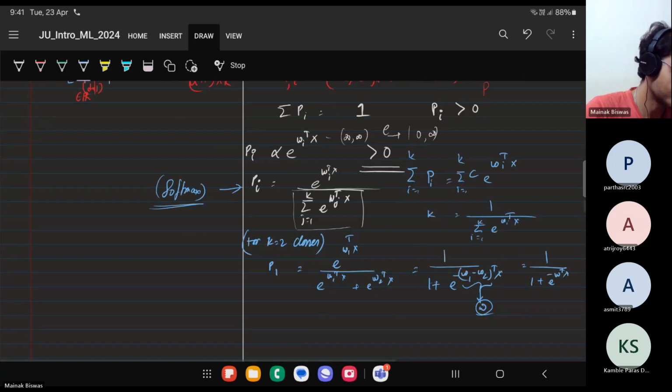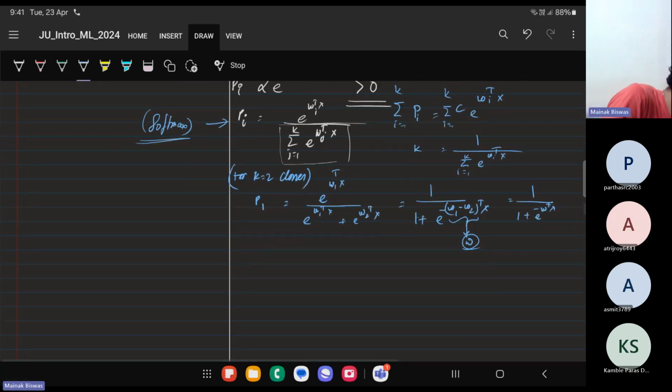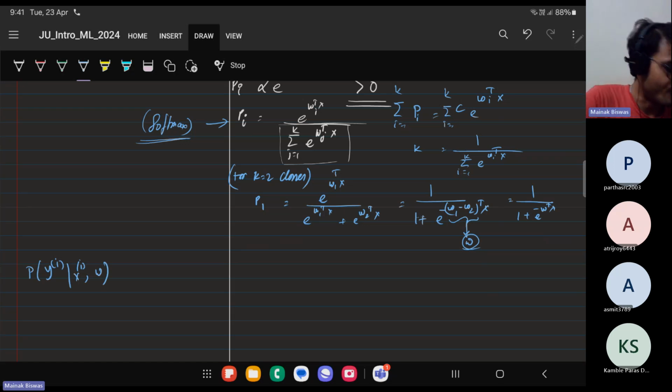Now, if I am telling you to write the probability of yi given xi, comma, w, first tell me what is the distribution? Multinomial.